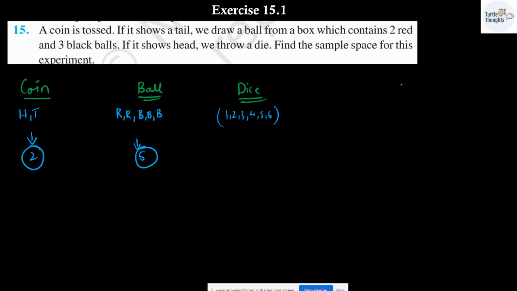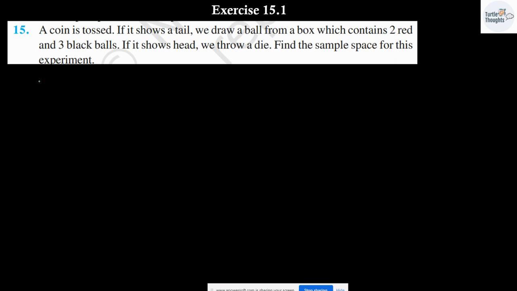Again, I will be dividing into case 1 and case 2. Case 1 is going to be when you toss a coin and you get a tail. Case 2 is going to be when you toss a coin and you get a head.